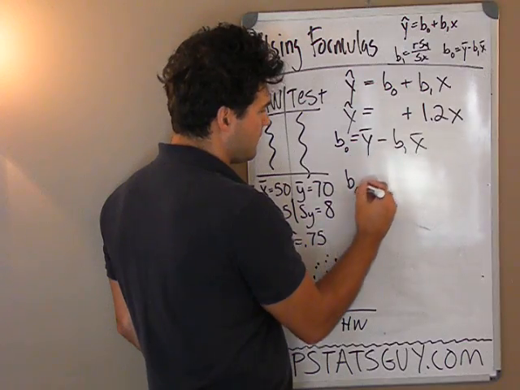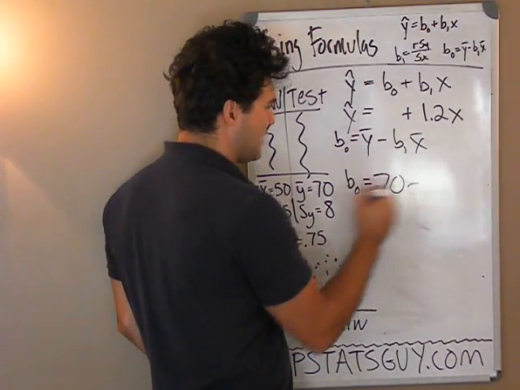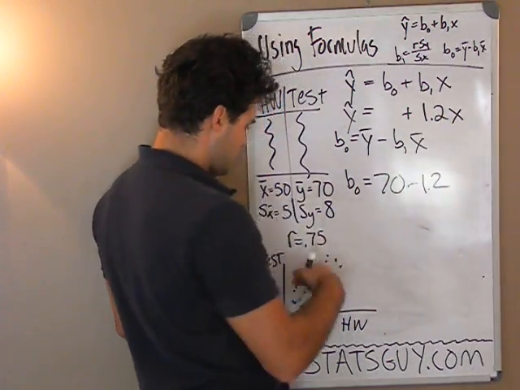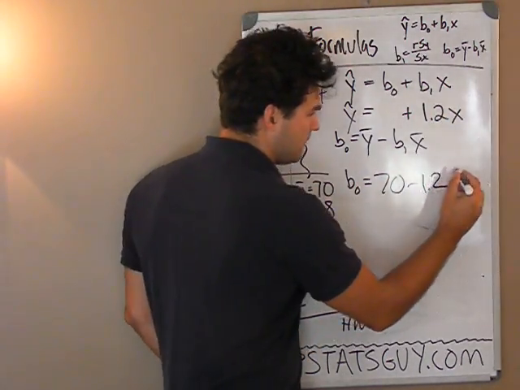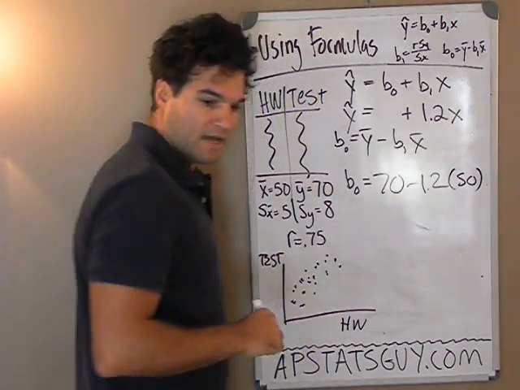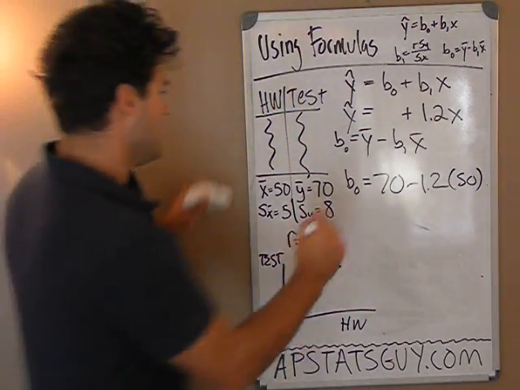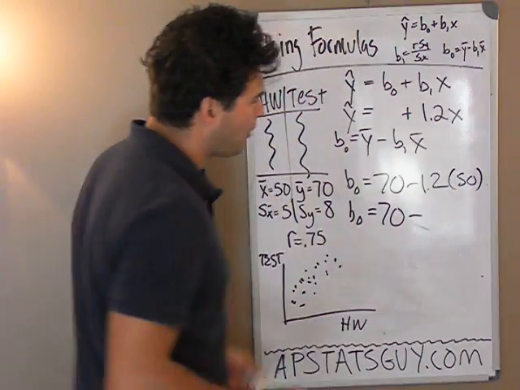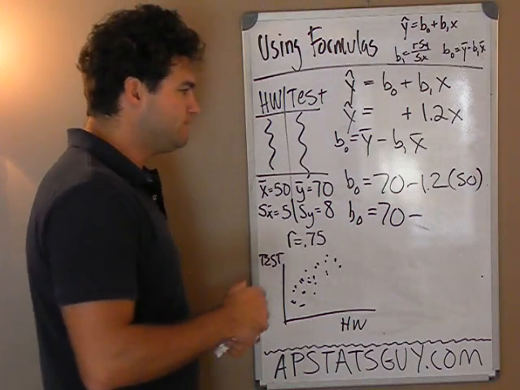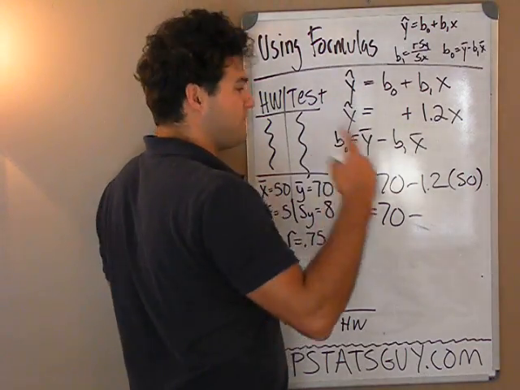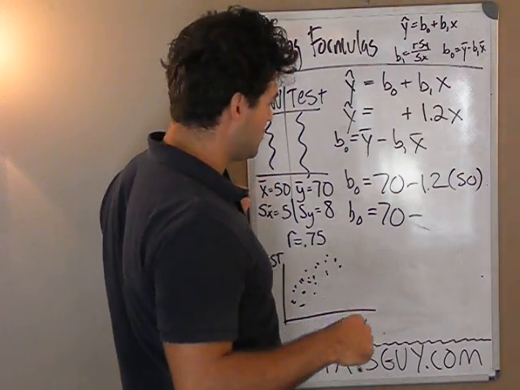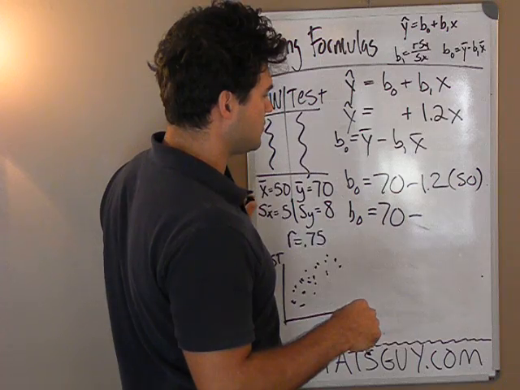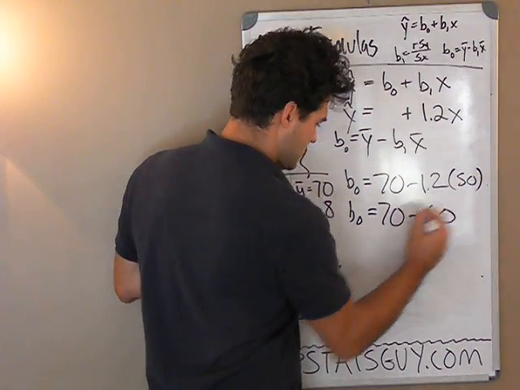My b0 is y bar, 70, minus b1, which I already found over here, 1.2, times x bar, 50. So I can figure that out right now. b0 is 70 minus 1.2 times 50. That's 6 over 5 times 50. 300 over 5 would be 15? No. Wait, 20% is 10, so 60. 70 minus 60.